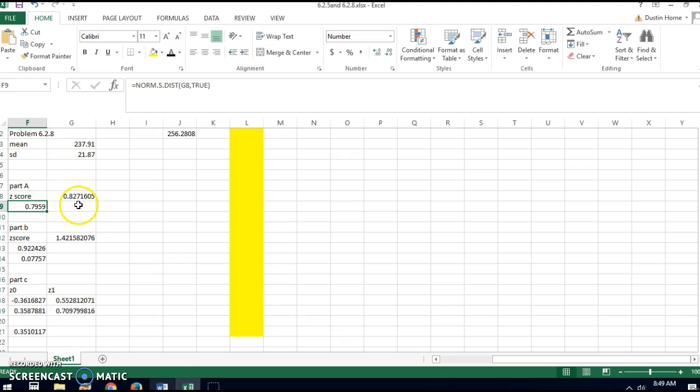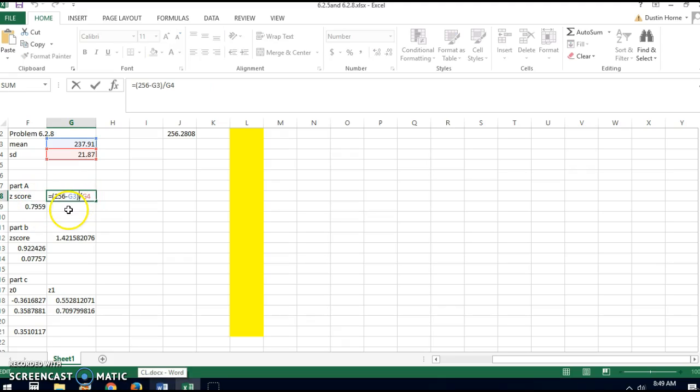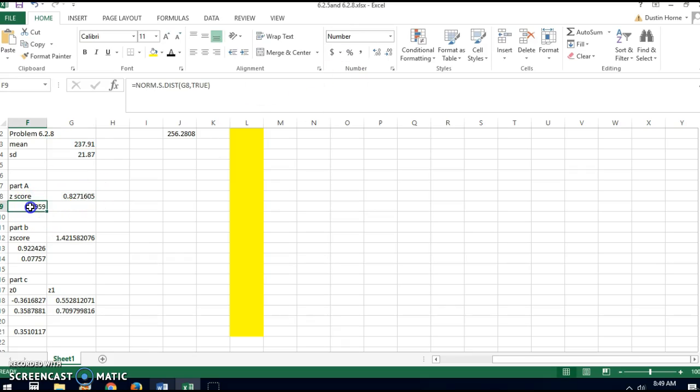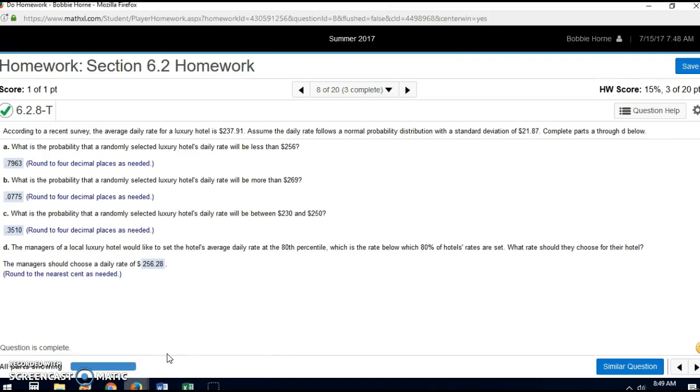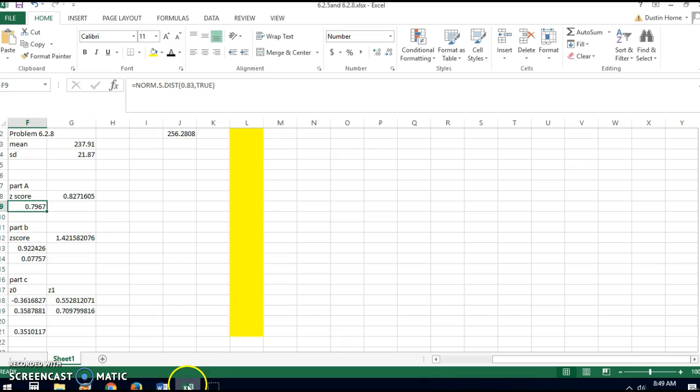That's too much. Let's see, 0.83. Yeah, I would just be really careful with my rounding on these and make sure that you're using the same rounding.